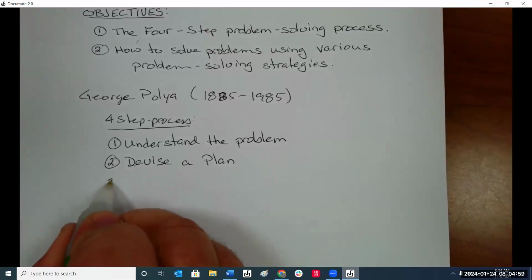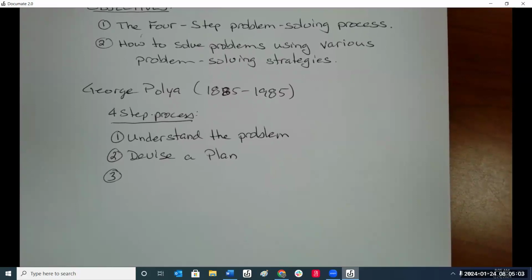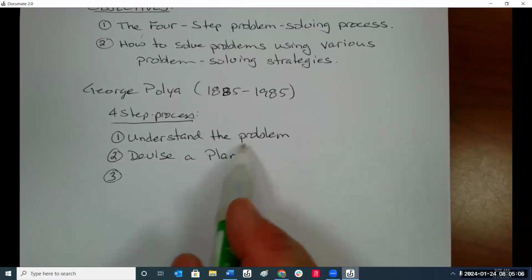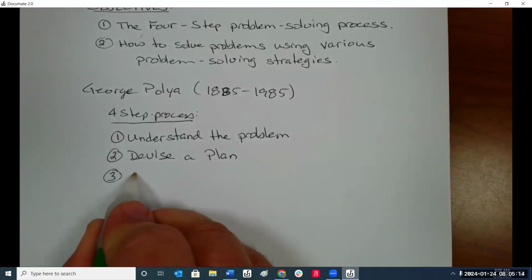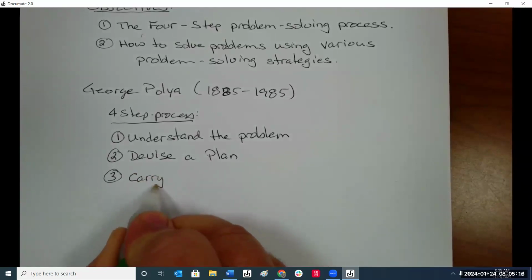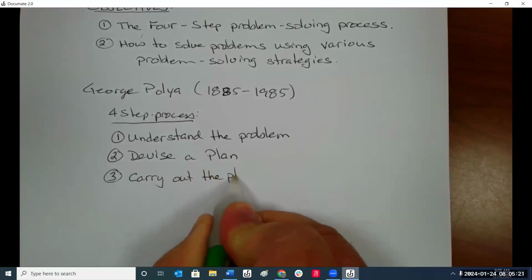What do you think the 3rd step is? You understand the problem, you devise a plan, now what? Carry out the plan.